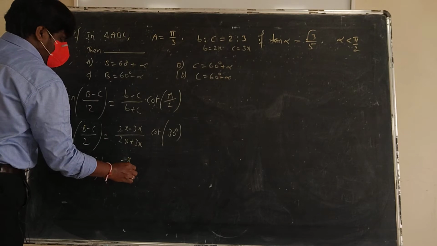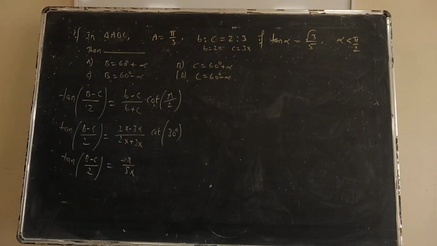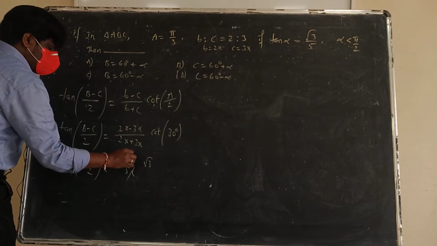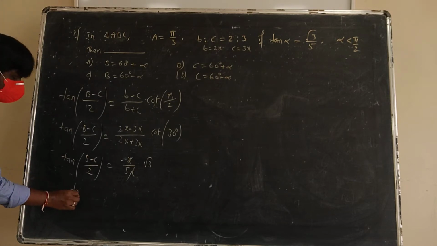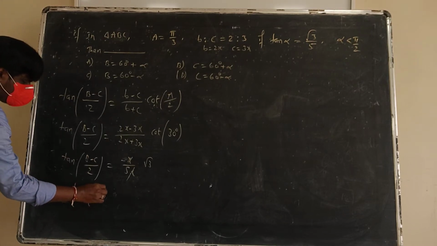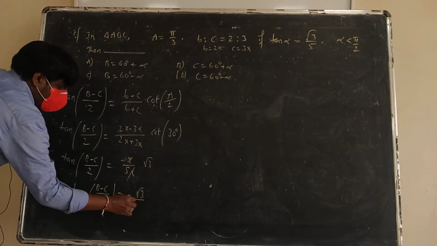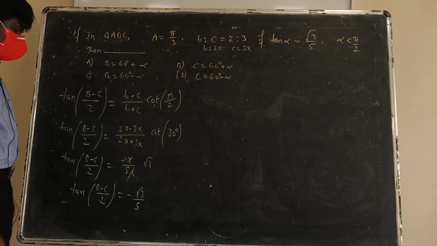Cot 30 degrees value how much? Cot 30 is root 3. x cancels out. So tan of (B minus C) by 2 is equal to minus root 3 by 5. Right.